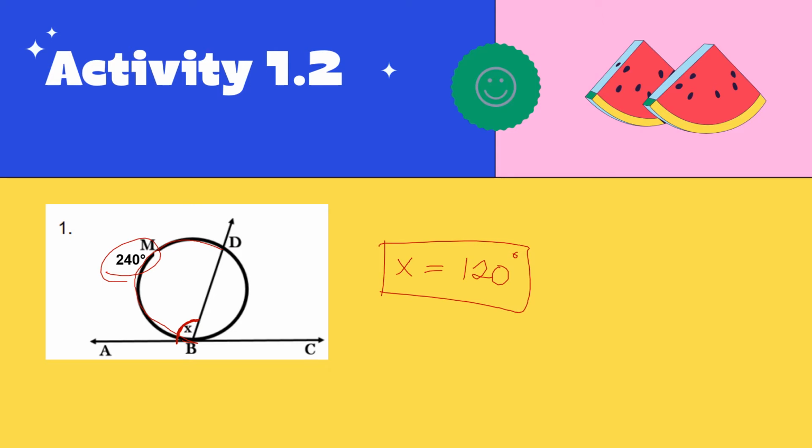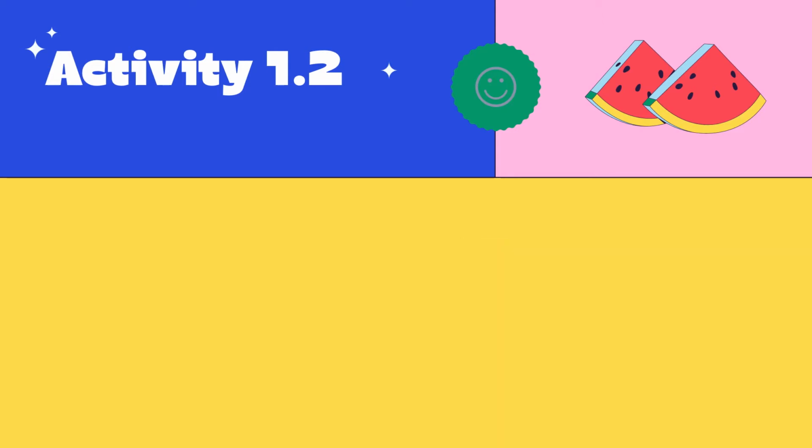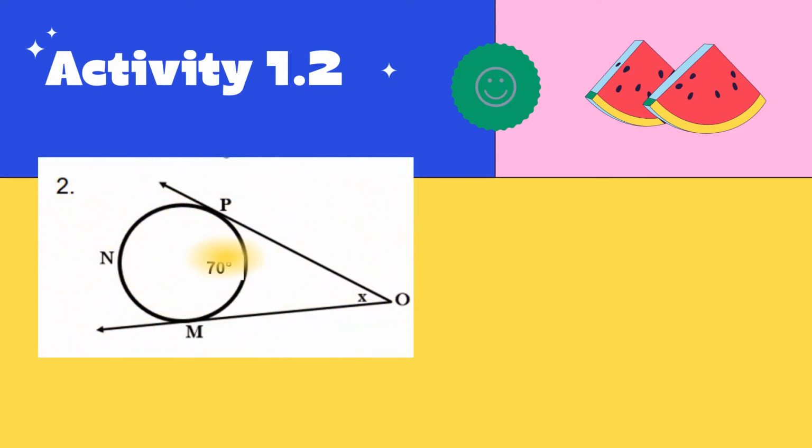Next, number 2. For number 2, what is the measurement of angle POM, or the one with the x? Okay, so what we do here is we subtract the two intercepted arcs, the bigger arc and the smaller arc, and then divide it by 2 to get the measurement of the angle.